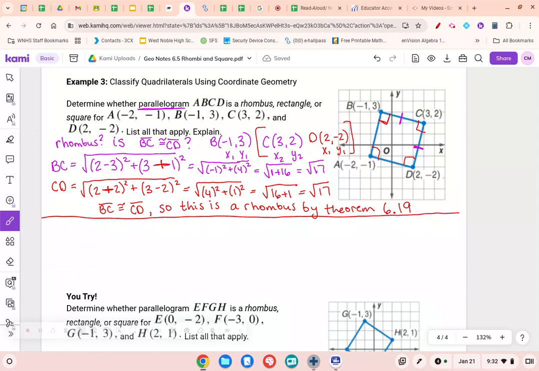So we need some things to be perpendicular, like segment CD must be perpendicular to BC.